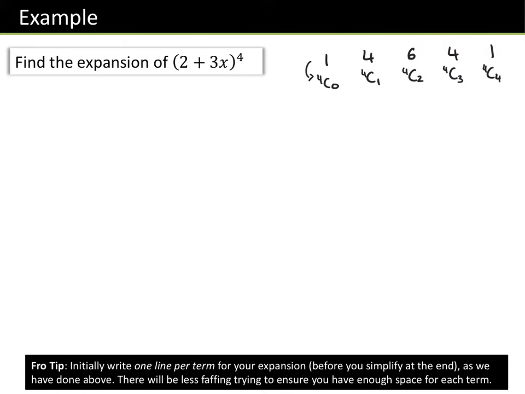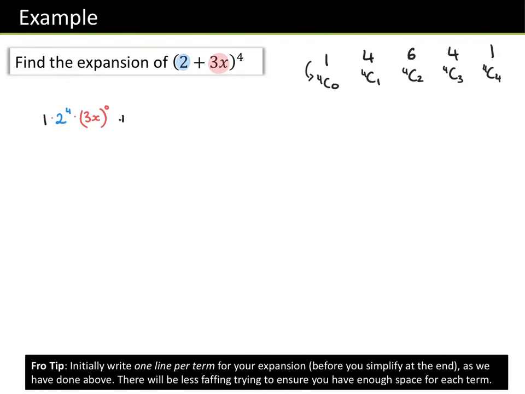Step 1, we start with 1, multiplied by our a. So our a is blue. Okay, so it's multiplied by our a to the power of 4, multiplied by our b to the power of 0, because 4 and 0 add up to the total power of 4.